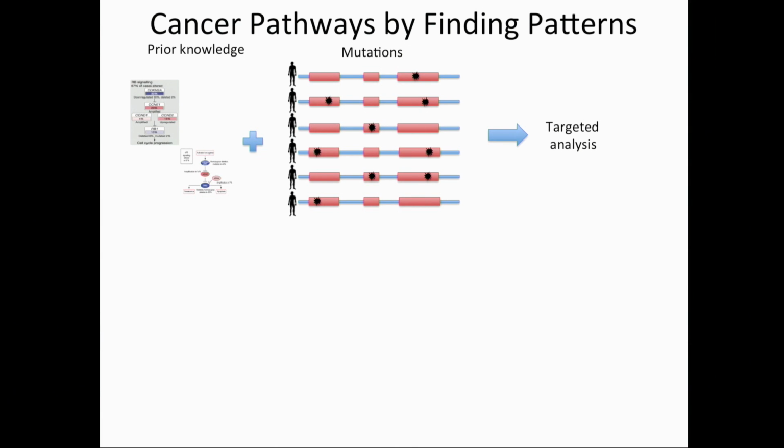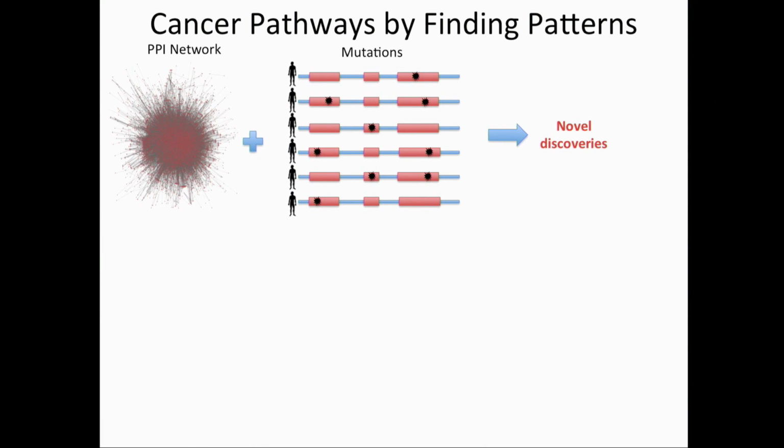So what we want to do is move from this scenario in which we have a strong prior knowledge regarding what are the important cancer pathways, and using our mutation data, we essentially do a targeted analysis for the pathways that are already known, to identify patterns of mutations in the patients and identify, therefore, novel cancer pathways. Okay. Sometimes, in particular for the first algorithm that I'm going to use, we're still going to use some biological knowledge or prior knowledge in the form, in particular, of a protein-protein interaction network.